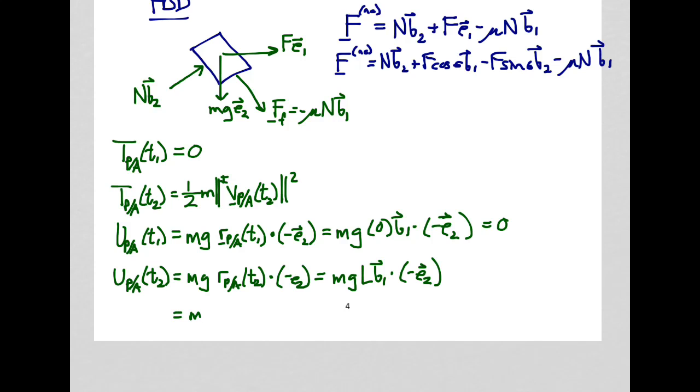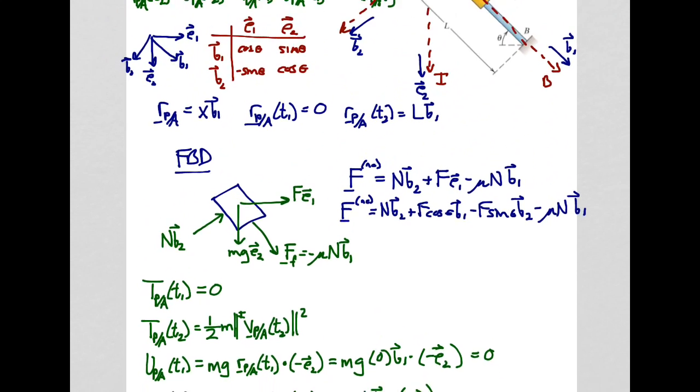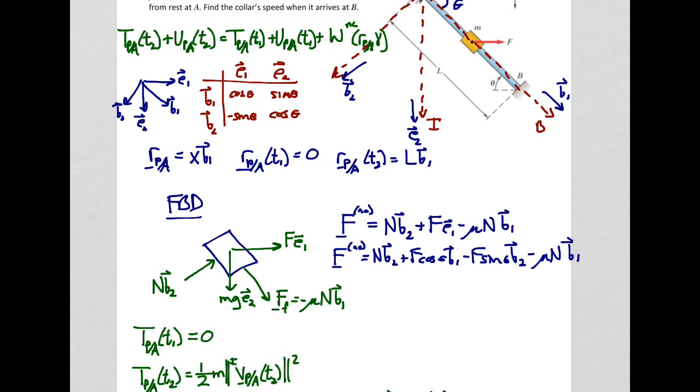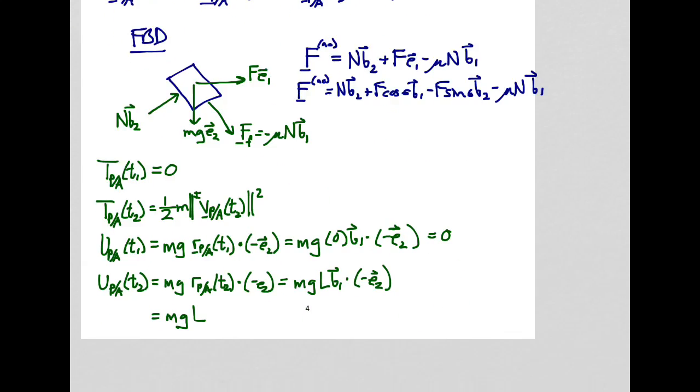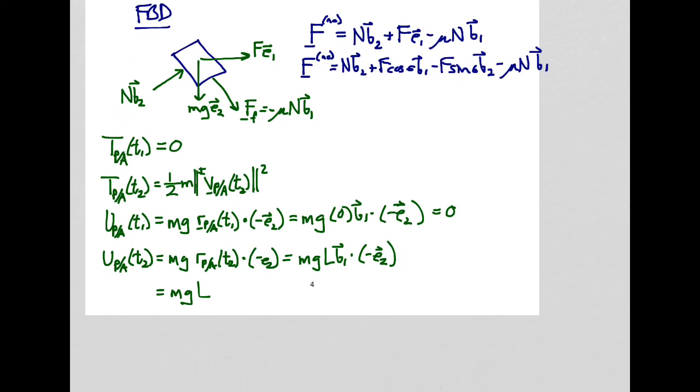So we transfer this, we get mgL. And then to dot B1 with E2, we're going to get a negative sign on whatever we get. To do B1 dotted with E2, we go to our transformation table, and B1 dotted with E2 gives us a sine theta. Those are simply dot products. And so we'll get our sine theta. Okay, it's dotted with a negative E2, so we stick a negative sign in front of this, and then we can make our calculations.